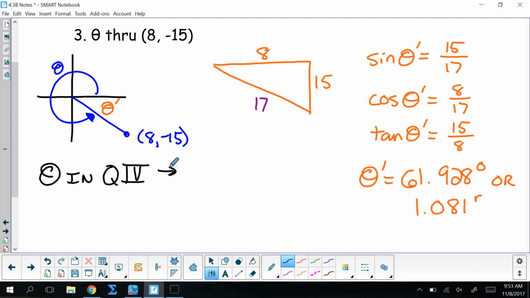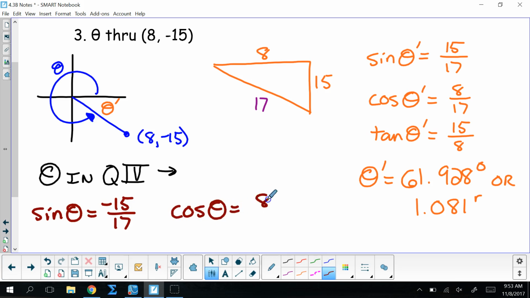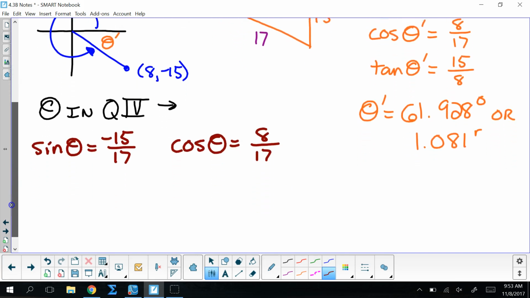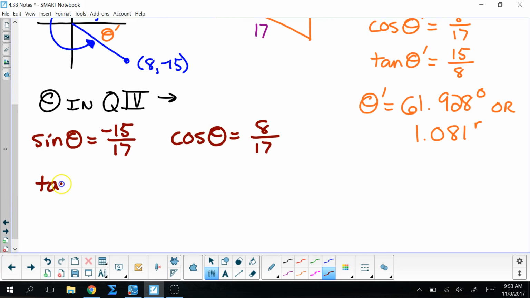So what's positive in quadrant 4? Cosine. So my sine is negative 15 over 17. My cosine will stay 8/17. My tangent becomes negative 15/8. See, it doesn't like it again.